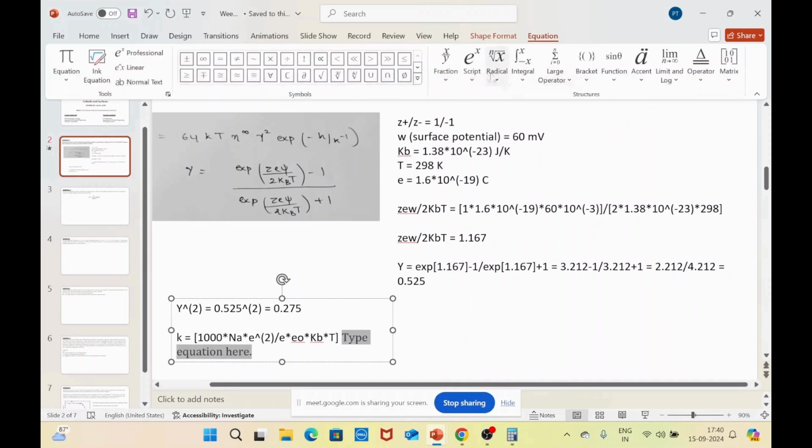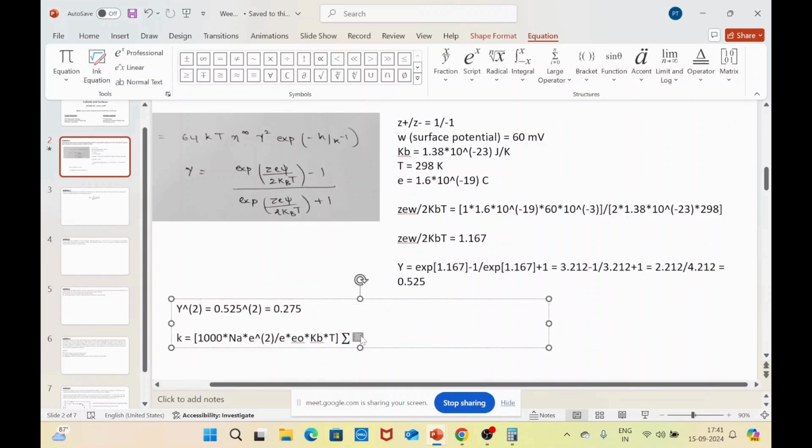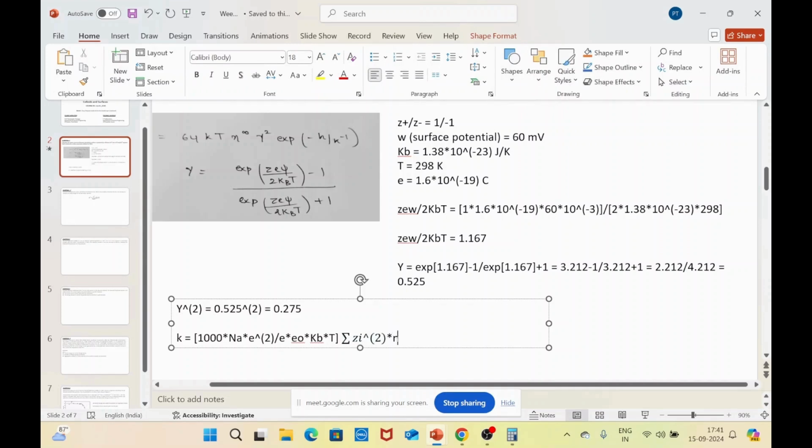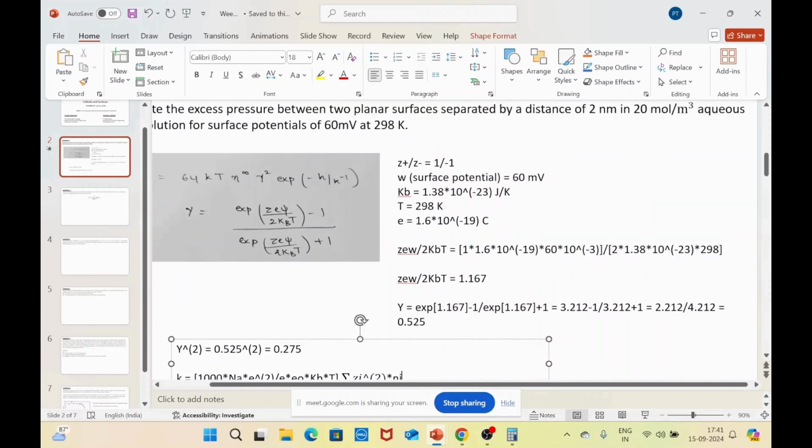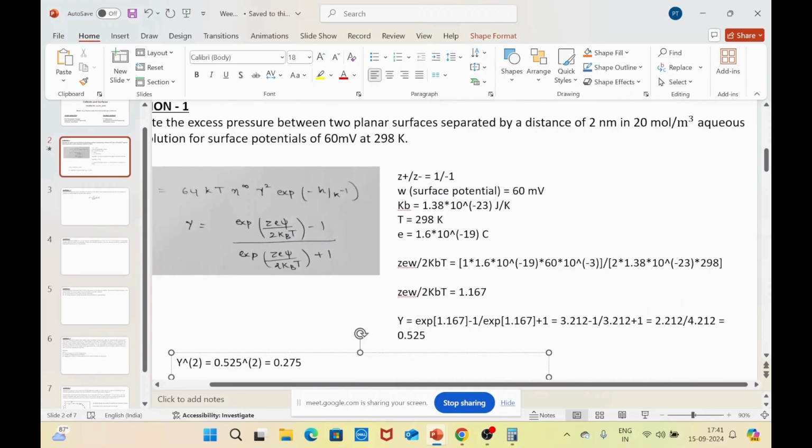This times your Zi square times Ni. This is the expression, because over there the N is the concentration of the ions per unit volume, but here we have the concentration in terms of mole per meter cube.